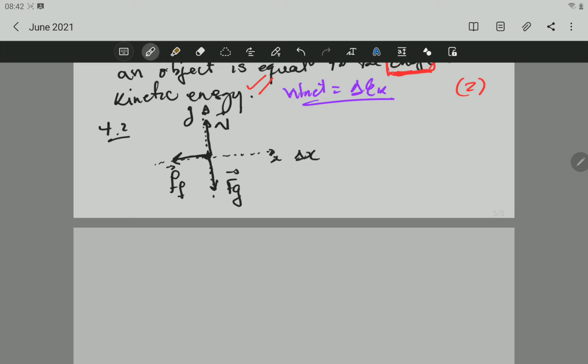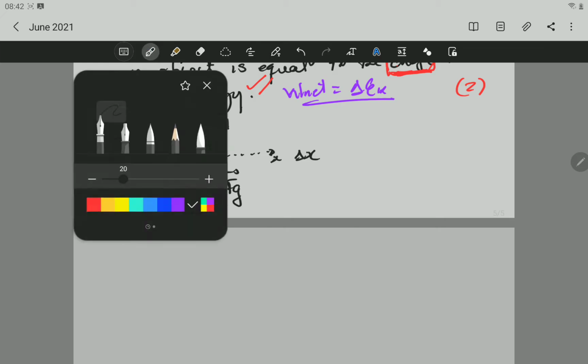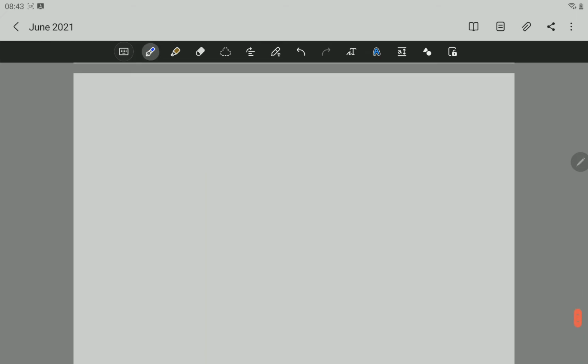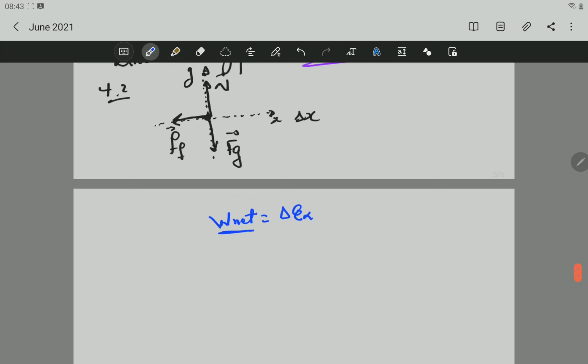Alright, so let's start now by writing the work energy theorem in symbols. Net work is equal to change in kinetic energy. Remember, net work is the algebraic addition of the work done by all the forces. So the forces are those 3 there. I'm going to write the addition of the work done by each force.